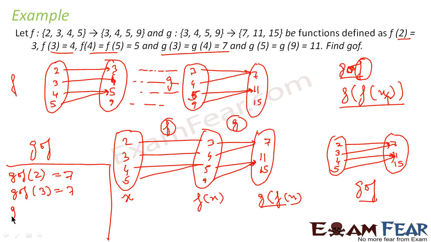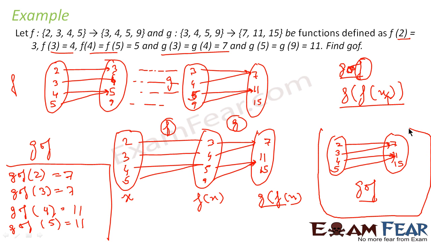Please note, the moment you give in gof the input as 4, you get output as 11. And if you give 5 also, you get output as 11. So if you give 2, you get 7; 3, you get 7; 4, you get 11; 5, you get 11. So this is my gof function. You can write in this fashion or you can write in this fashion.